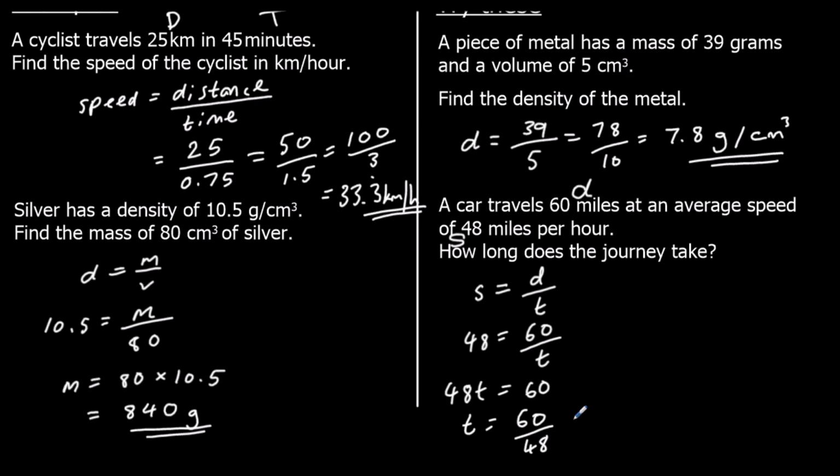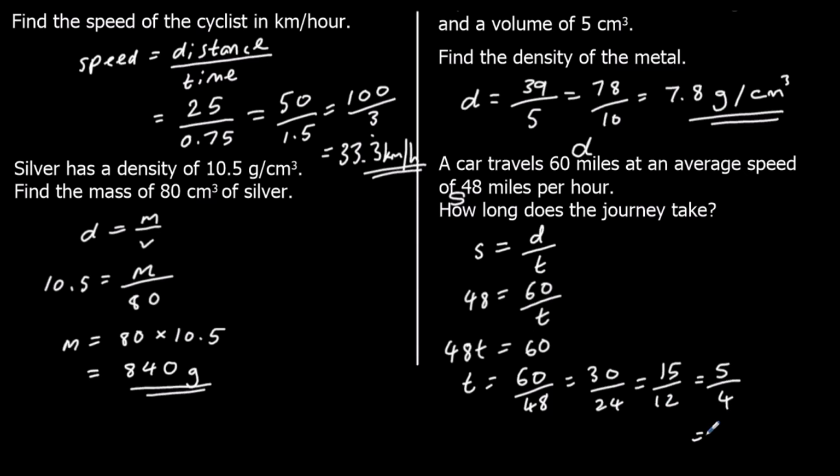So we could type this into the calculator, or we could try and simplify it without using a calculator. So half the top and the bottom, half again, and then divide by 3. So we've got 5 over 4. So that's 5 over 4, which is 1 1/4, or 1.25.